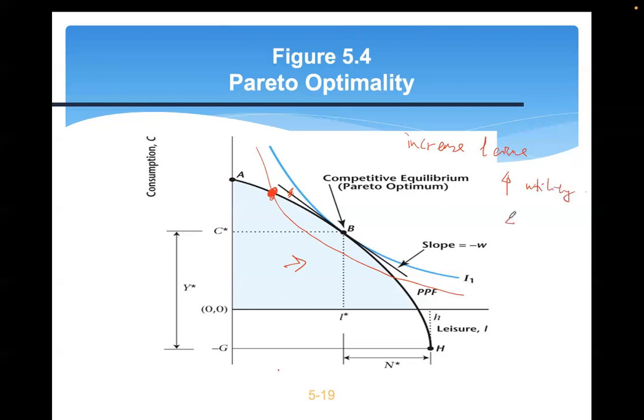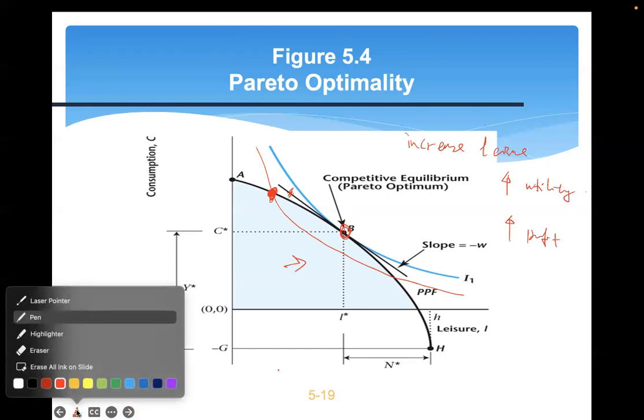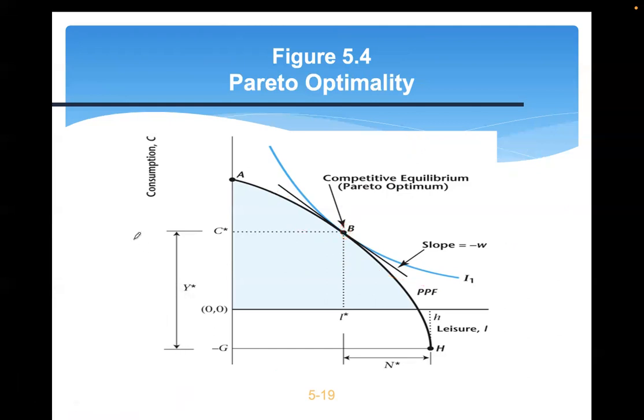The firm is going to increase their profit. So in that sense, this dot is not Pareto optimal. But now at the dot here, there's no way you can improve.